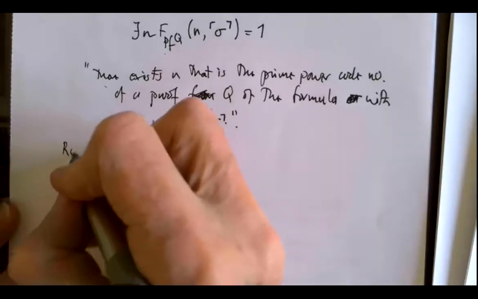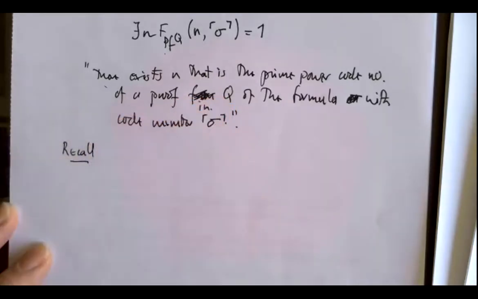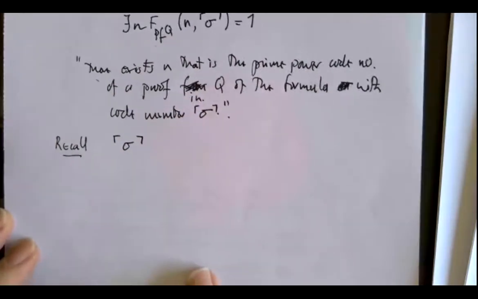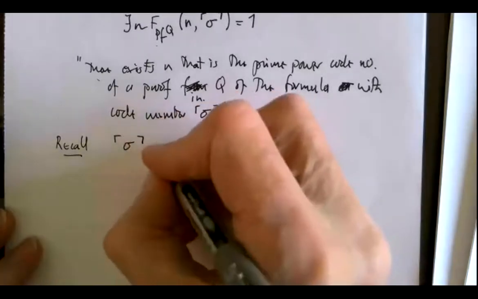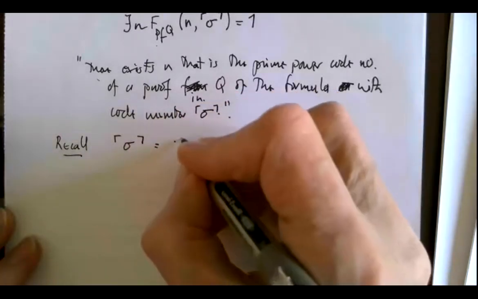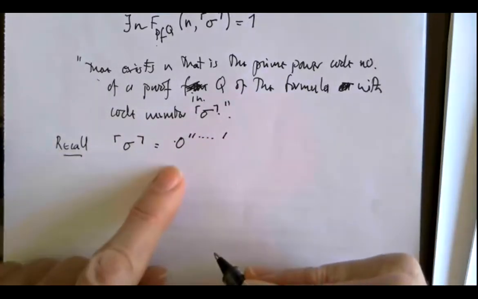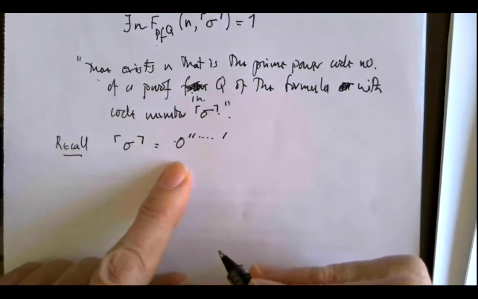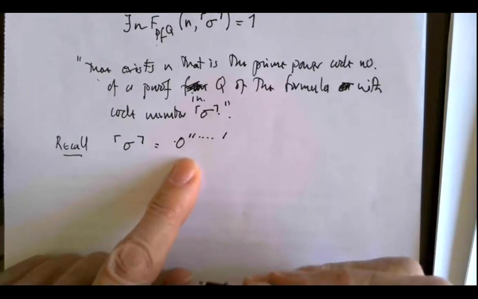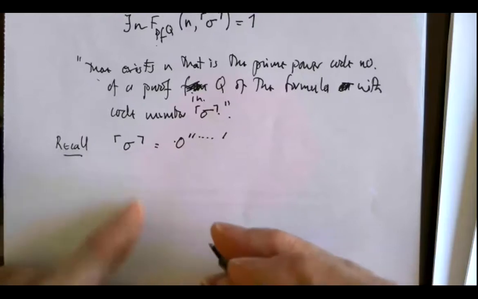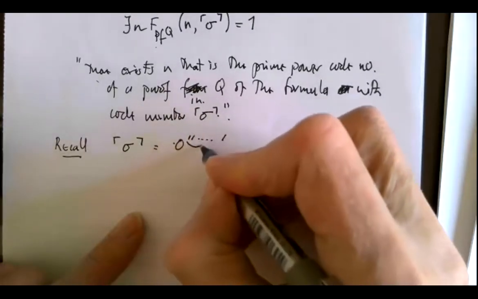So I'm going to define here these corners. I'm going to think of this number here as the numeral, the term that names the Gödel number of sigma.